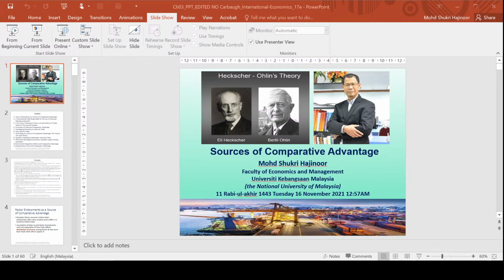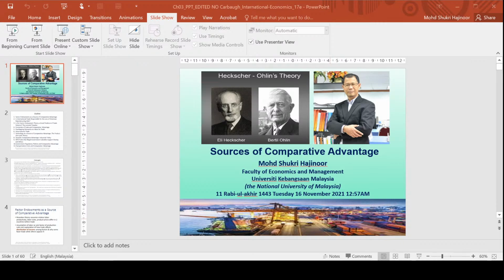Heckscher-Ohlin assumes taste and technology do not differ between countries. So in economics, we call it ceteris paribus.